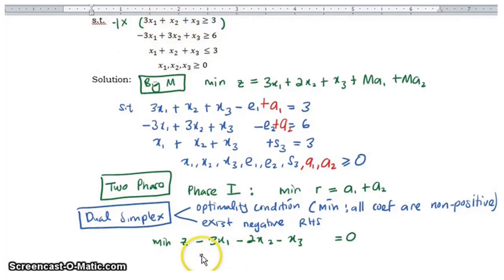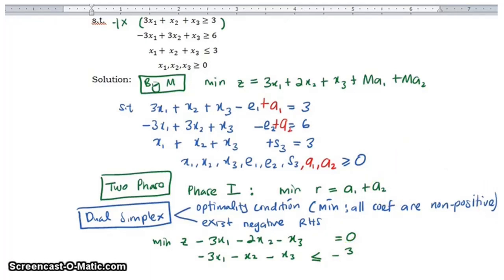We will get negative 3x1 minus x2 minus x3, and the right hand side is negative 3, and the sign is changed from greater than or equal to, it becomes less than or equal to. Now we have negative right hand side.